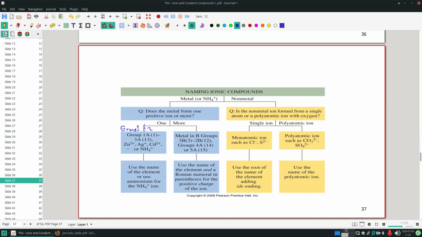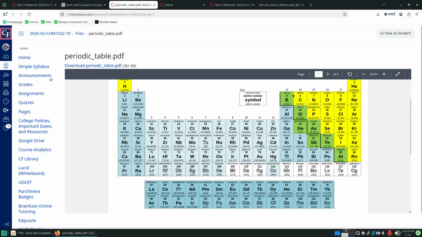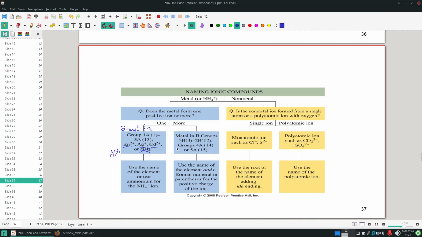And then zinc, silver, cadmium, forget about the ammonium for a second, and aluminum +3. Those are the other ones that are fixed. It says here that group 3 is, but the only one in group 13 that is fixed is aluminum. All these others can be +3, but they can be something else as well. So we're going to distinguish that. Everything else that's on there, you'll need a Roman numeral.